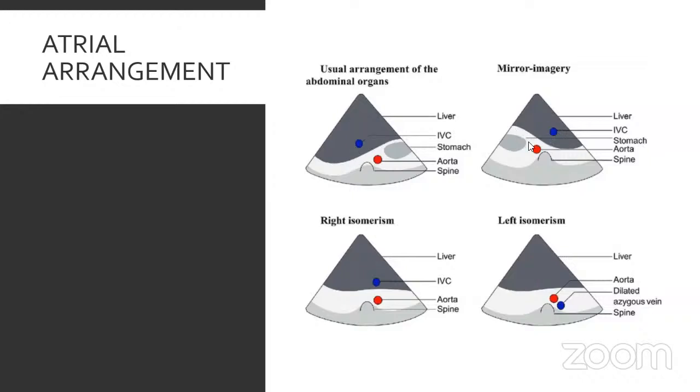Mirror image is illustrating the same, with the IVC being on the left side. Now, in cases of isomerism, regardless, both aorta and IVC are on the same side of the spine, with the IVC being anterior in cases of right isomerism, and we have azygous posterior to the aorta in cases of left isomerism.